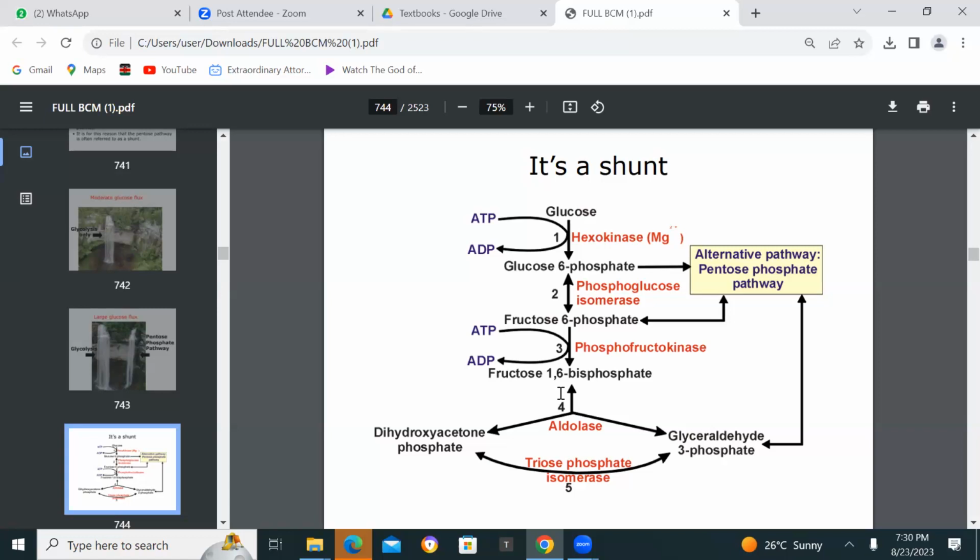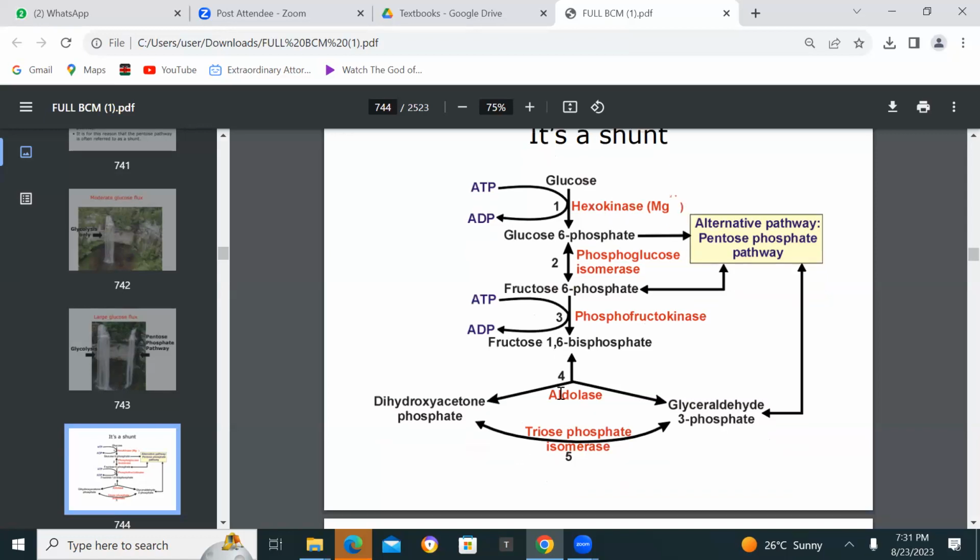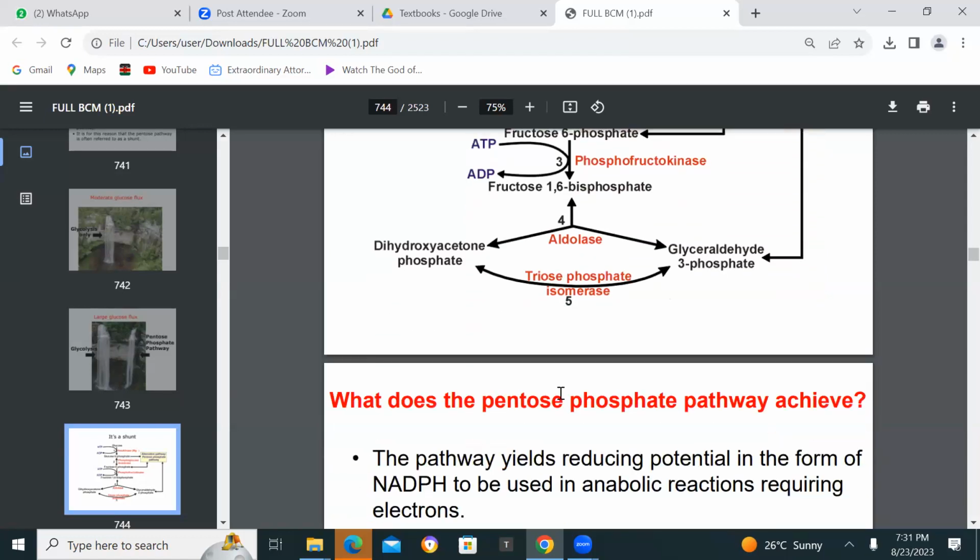If you need more energy, then you'll go back to producing glyceraldehyde 3 phosphate and fructose 6 phosphate, which will continue in the glycolysis pathway to give us more ATP to be used for energy.